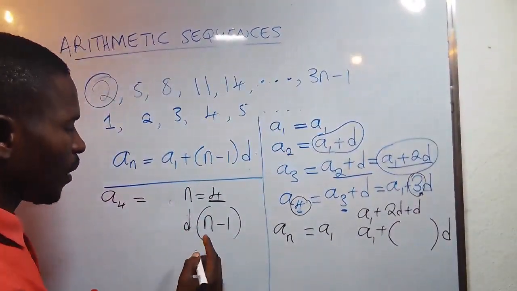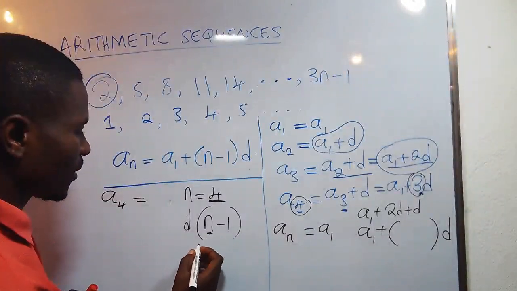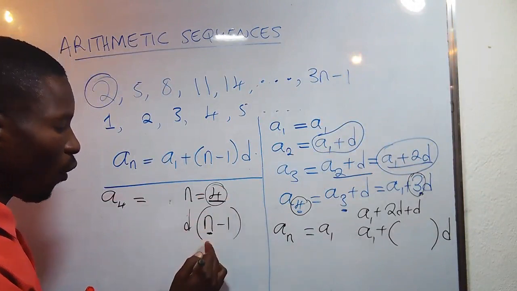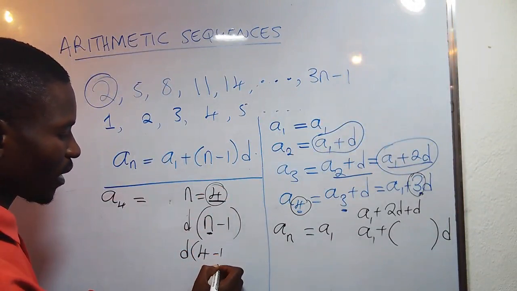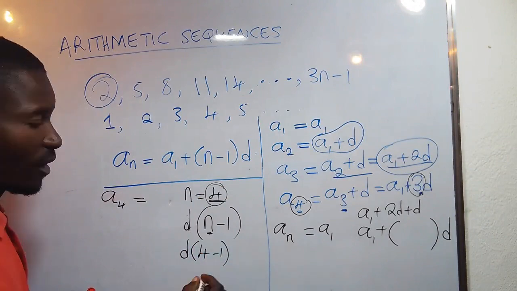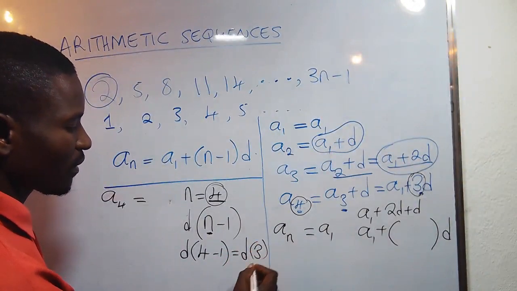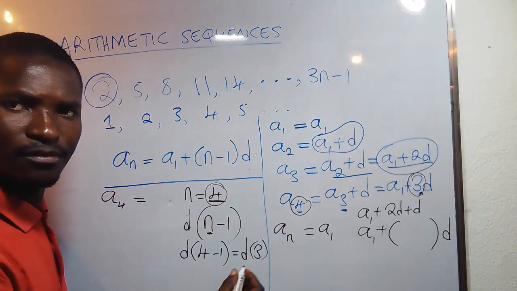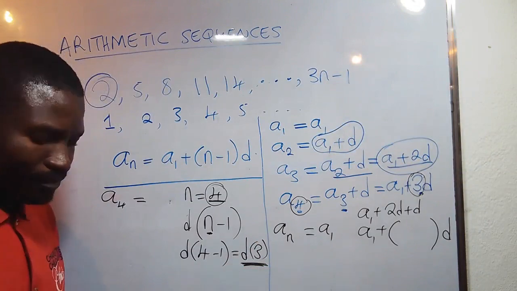Now, from there, what we are doing is this, we are saying that n is 4, so D, open bracket, 4 minus 1, then this is going to give you D, open bracket, 3, okay? This one, okay?